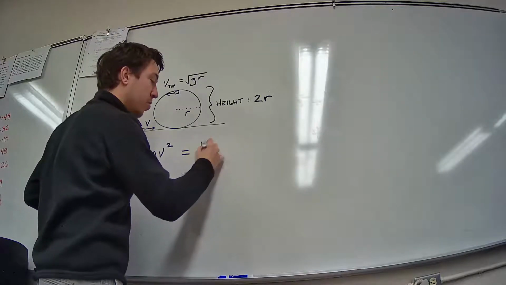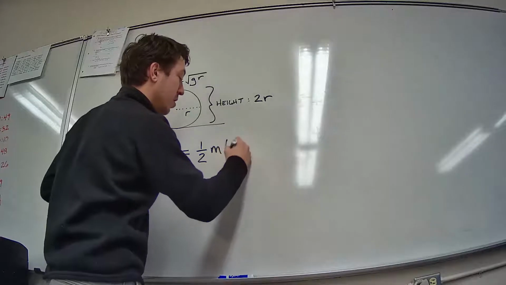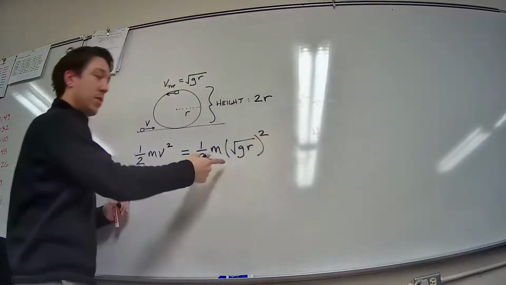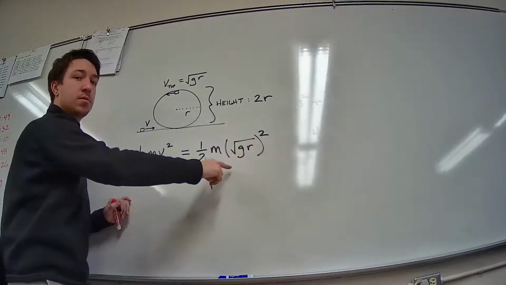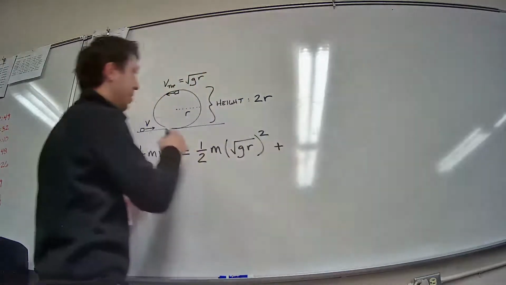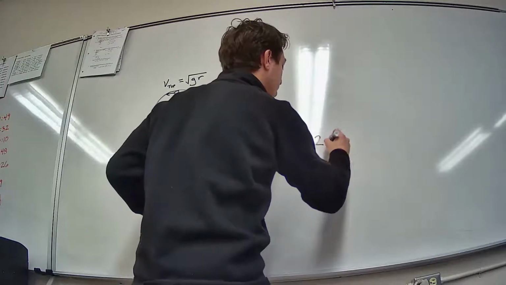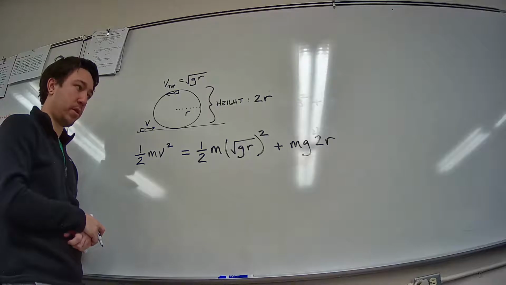His kinetic is 1/2 mass, everyone cool with how I did that? 1/2 mv squared, plus, let's get his mgh. Are we okay with that?